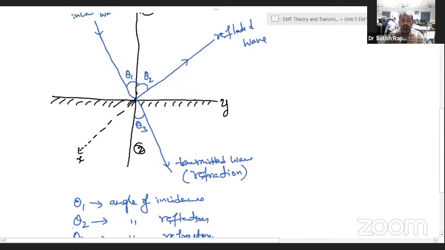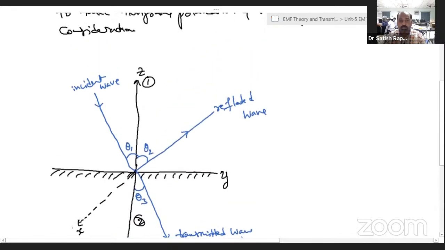And let us also indicate the electric field and magnetic field components. So the incident magnetic field and incident electric field, right?